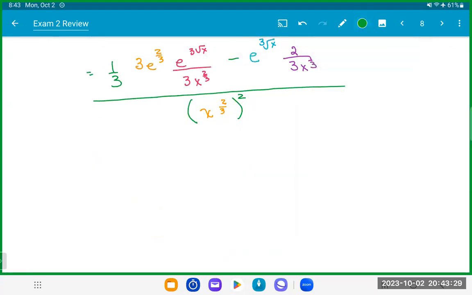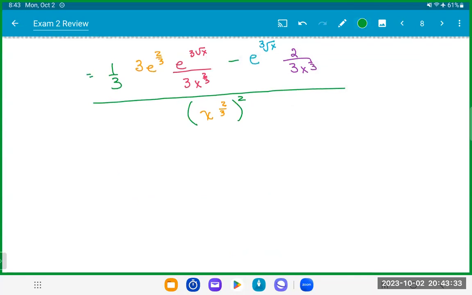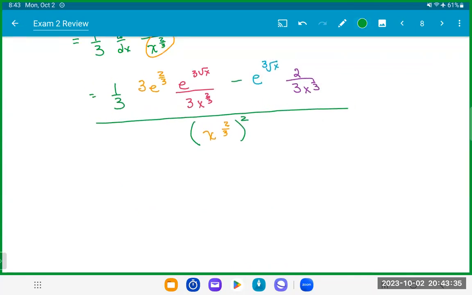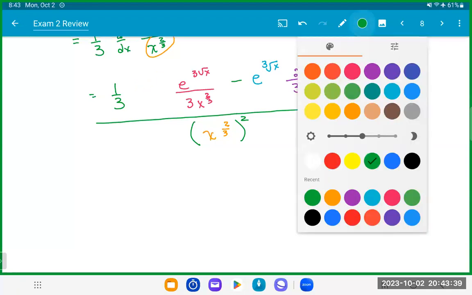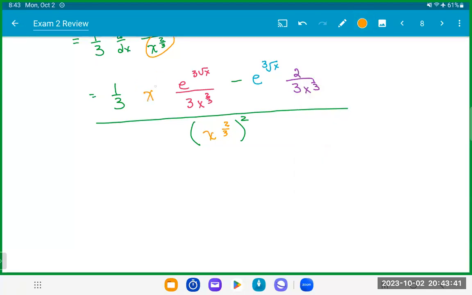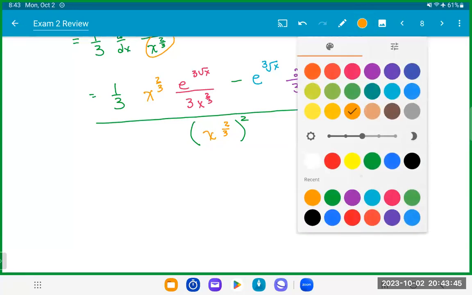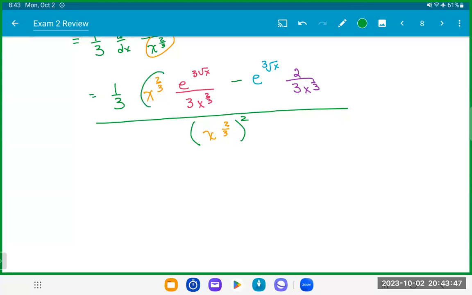Now when we simplify this, I actually wrote the orange incorrectly right here. It's the x to the 2/3. So we have x to the 2/3 here and here, so those will actually cancel out with one another.